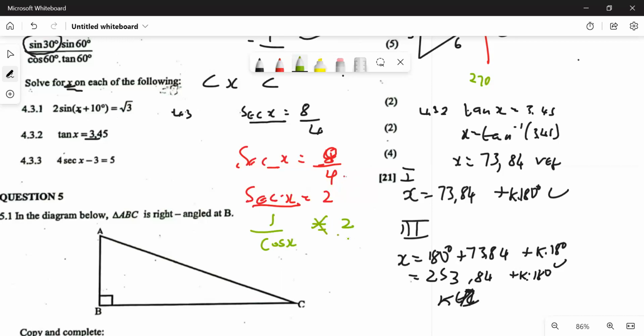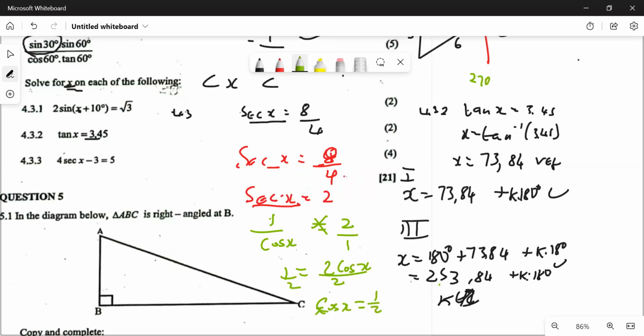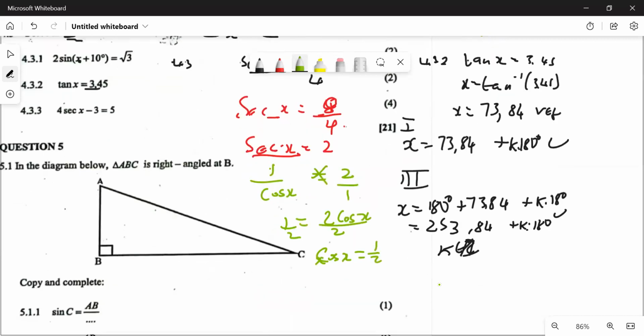Then we cross multiply. There's a 1 here. This one multiplied by this one, you are going to have 1 equal to 2 cos x. Then you divide by 2, and cos x is going to be 1 all over 2. At least we've learned something: you can't do it there, so you need to do it here on the original one.